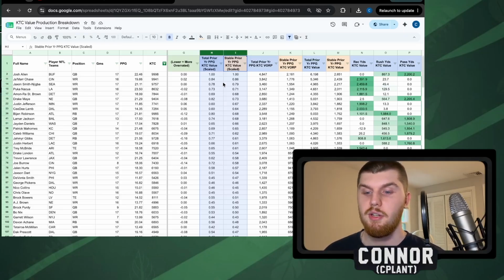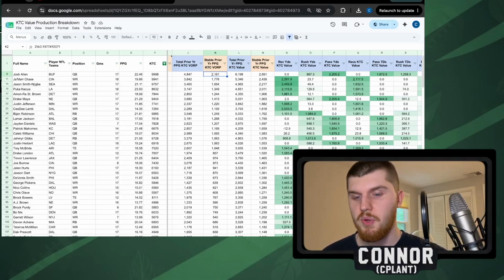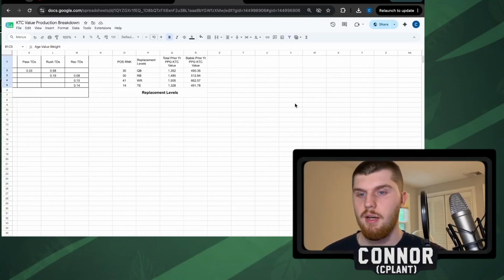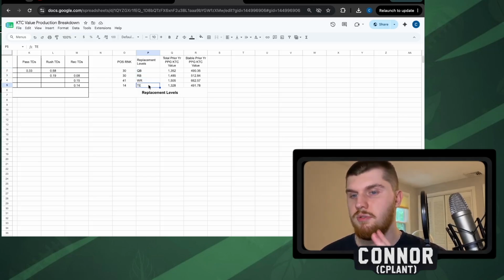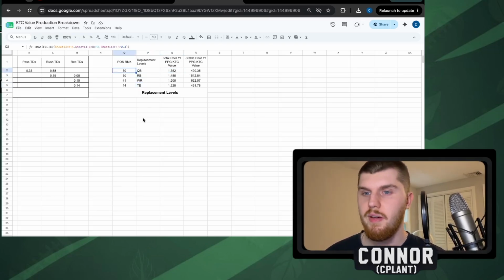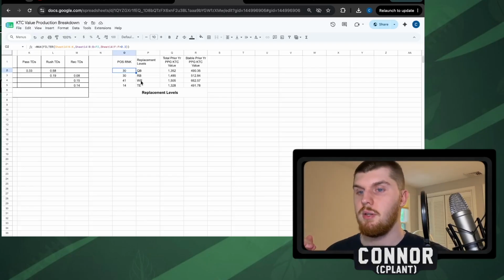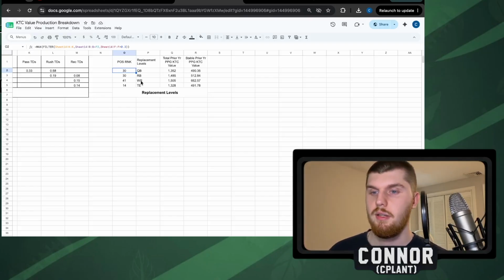And so then I quickly spun up a value over replacement calculation, where essentially I took a pretty basic league that has 3 starting receiver spots, 12 teams, Superflex, 2 flex spots, and I said, okay, what's roughly the position rank that is the replacement level, right? So at quarterback, I found it to be quarterback 30, running back 30, receiver 41, tight end 14.